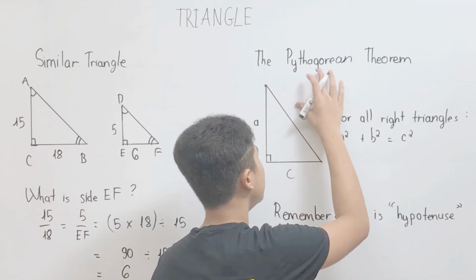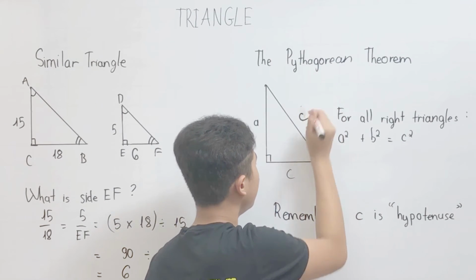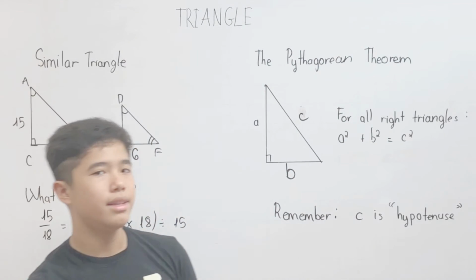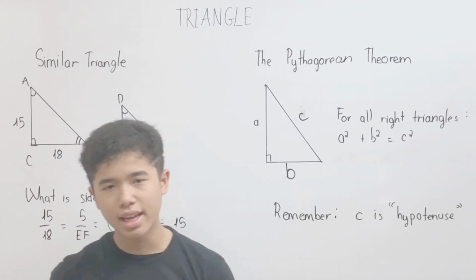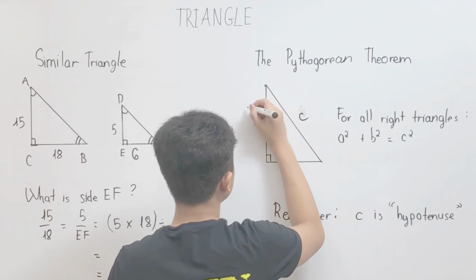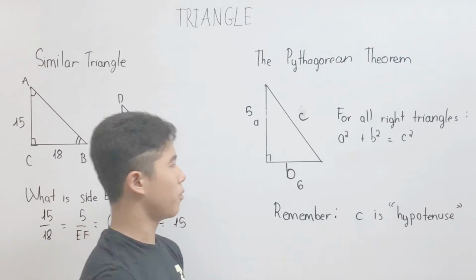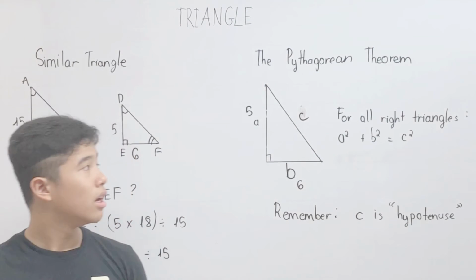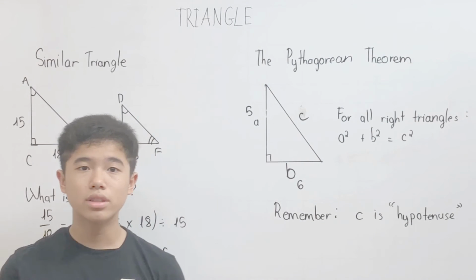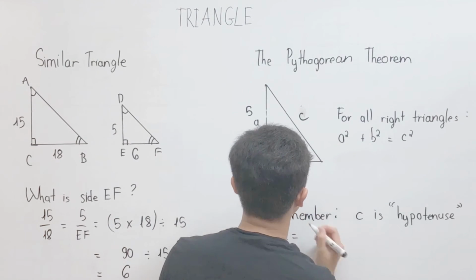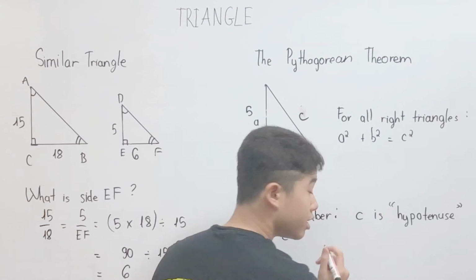Let's see, actually, this is B. And then let's find C. Let's say A equals 5 and B equals 6. And then just use the equation. If you want to find C, remember C squared equals 5 squared plus 6 squared.